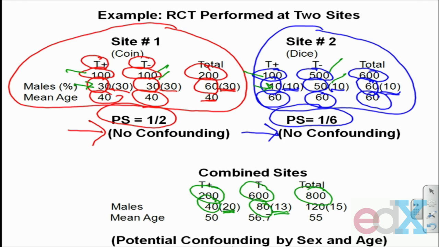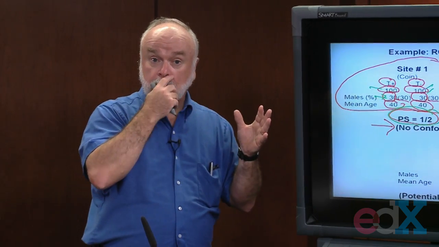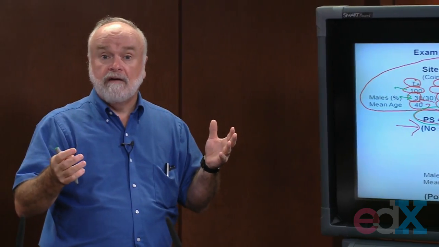If you stratify by study site, there's no confounding. If you combine them together, there is potential confounding by sex in this case. When you stratify by study site, you are essentially stratifying by the propensity score, meaning if you looked at people who had a common value for the propensity score, in this example, there would be no confounding. So stratifying by the propensity score seems to avoid confounding.